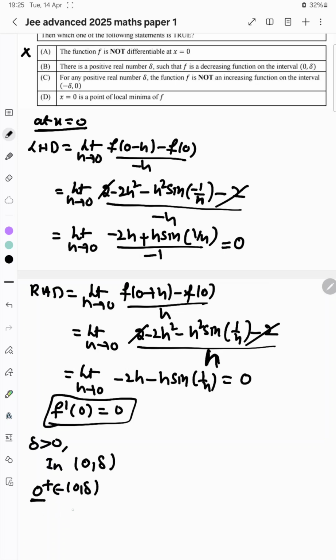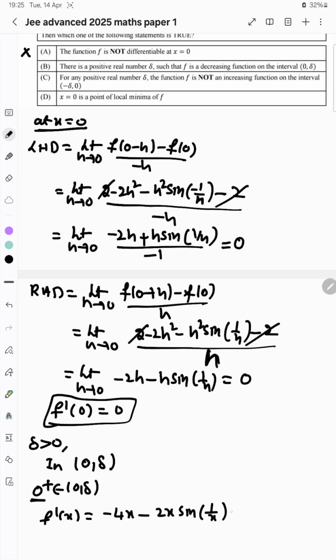For the purpose we can find f'(x) first of all. So what is f'(x) actually? The derivative of 2 is 0. Next, the derivative of -2x² is -4x. Then -x² sin(1/x): the derivative of -x² is -2x, with sin(1/x) as it is.